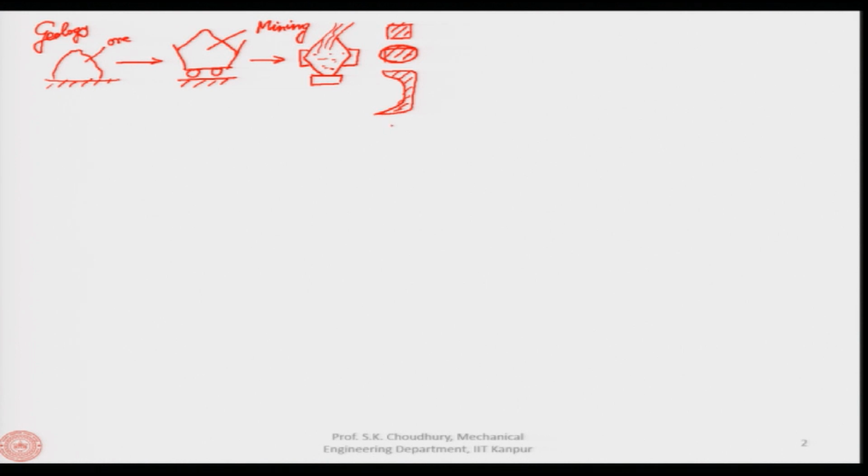So, this is the raw material which the metallurgy people will be getting from the molten metal which the mining people are supplying. So, here we have the metallurgy involved.